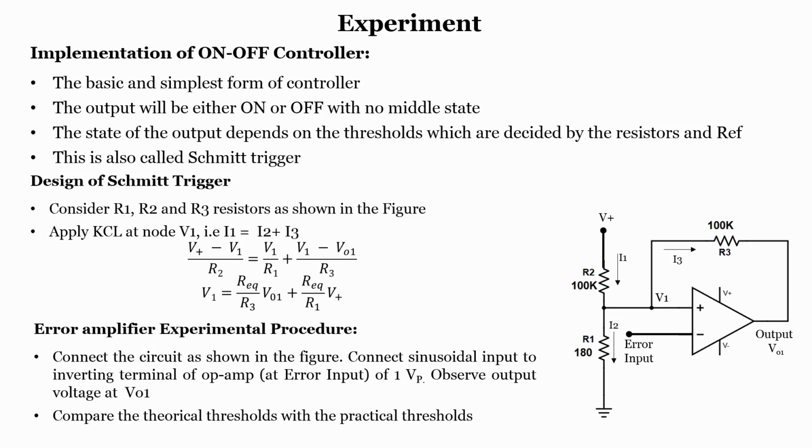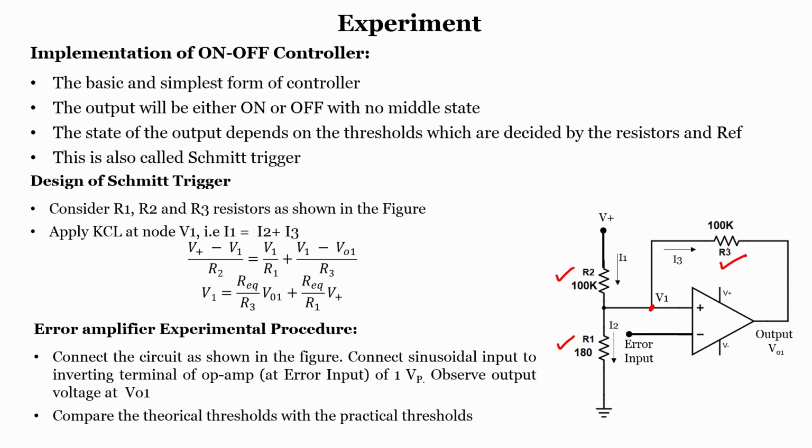Now, if you consider R1, R2 and R3 as resistors as shown in the figure, right over here, and if we apply Kirchhoff's current law, which is KCL, at node V1, then what do we get? We get I1, the current flowing through R2, equals I2 plus I3.